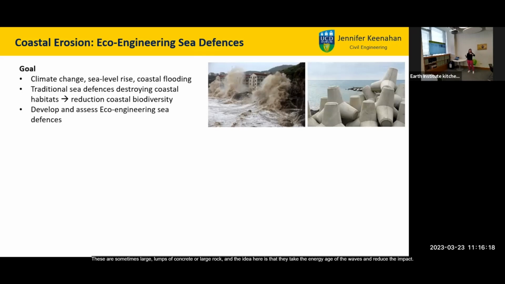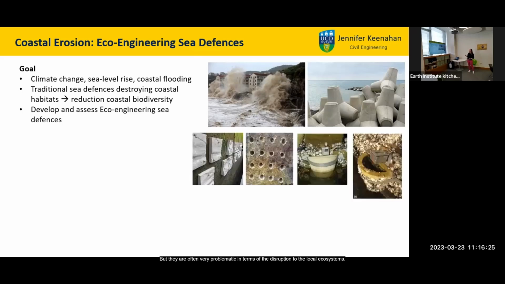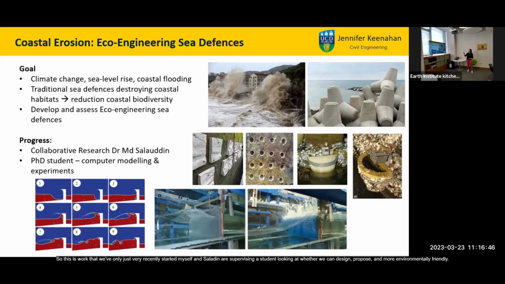And the idea here is that they take the energy out of the waves and reduce the impact on the coast. But they are often very problematic in terms of the disruption to the local ecosystems. So the idea is to develop eco-engineering sea defenses that are more environmentally friendly and more friendly to the local ecosystems. So this is work that we've only just very recently started.